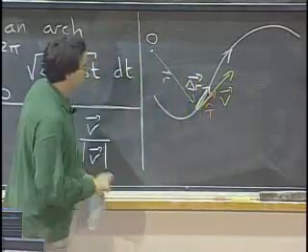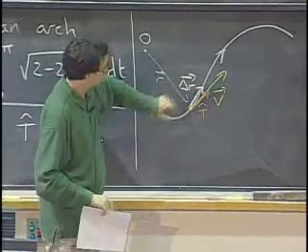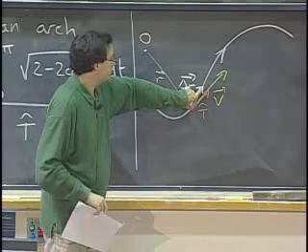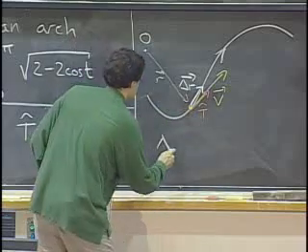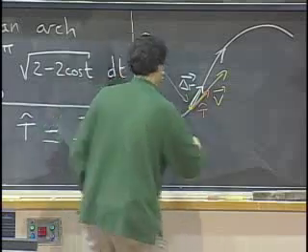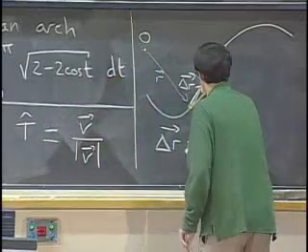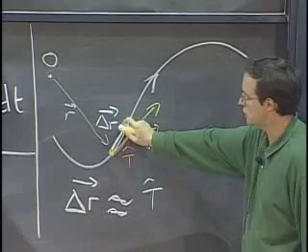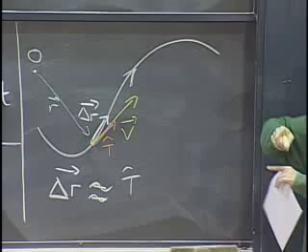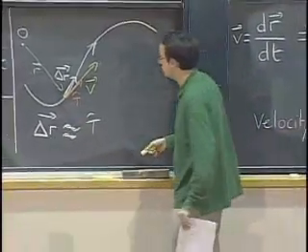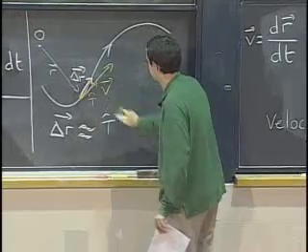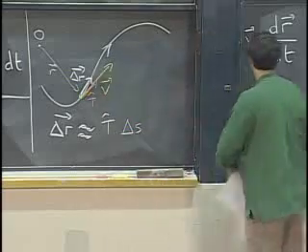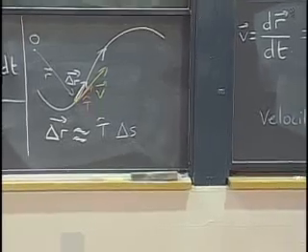Let me call that vector delta r, corresponding to the length delta s. Now delta r should be roughly equal, well, its direction will be tangent to the trajectory. If I take a small enough interval, then the motion will be almost tangent to the trajectory, times the length of it will be delta s, the distance that I have traveled. Okay, maybe I should re-explain that on a separate board.